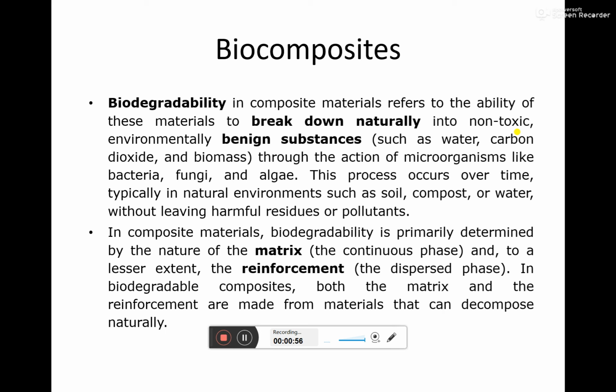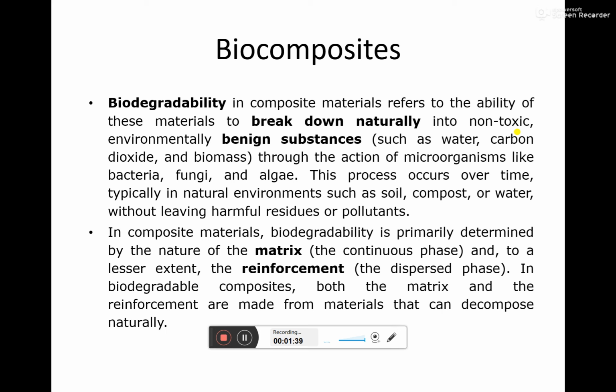The biodegradability of composite materials refers to the ability of these materials to break down naturally into non-toxic, environmentally benign substances like water, carbon dioxide, biomass, etc.